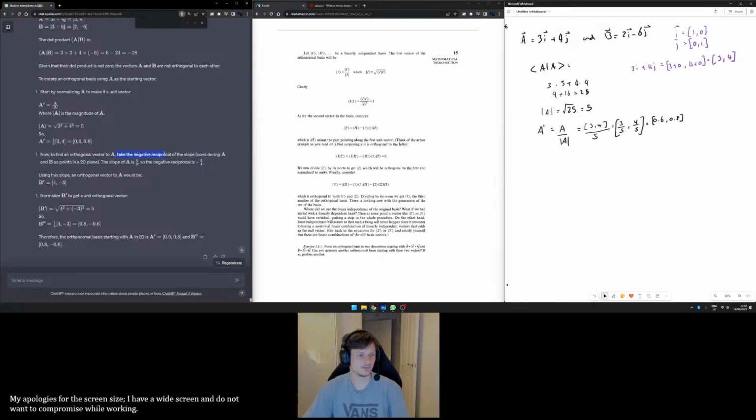It's just lagging for a bit, but I asked: when you say take the negative reciprocal of the slope, what did you mean by this?